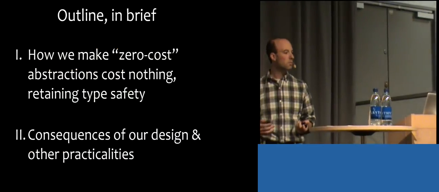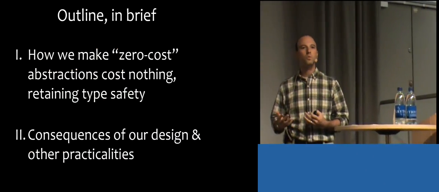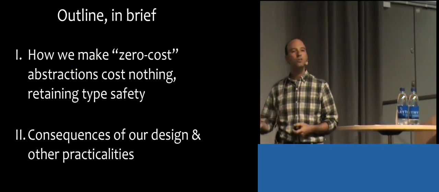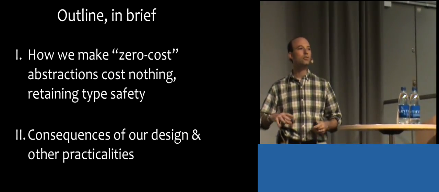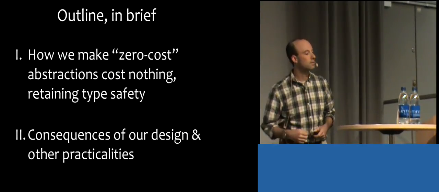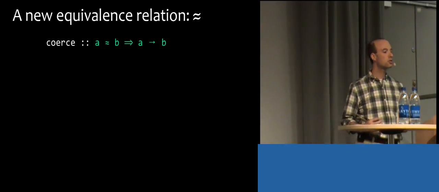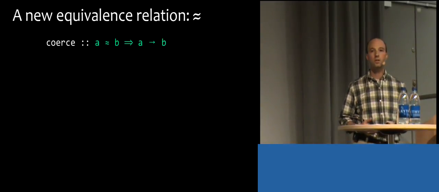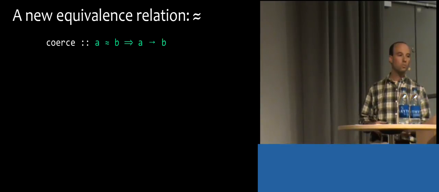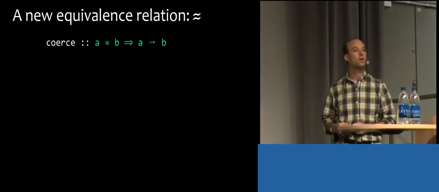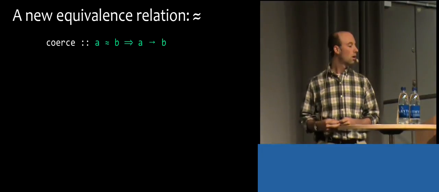So now that I've set up the problem, we're going to look at the solution, and then also look at ways that this solution has affected the rest of the Haskell ecosystem a little bit. Our answer to this problem is to define a new equivalence relation, spelled with an approximate equal sign. I'm going to call that Coercible.